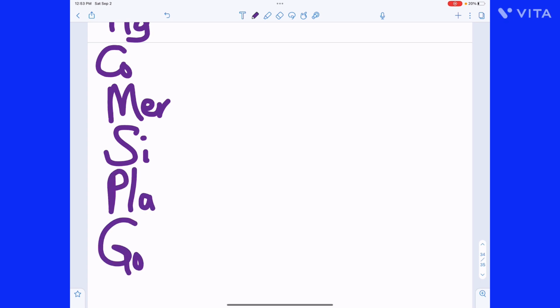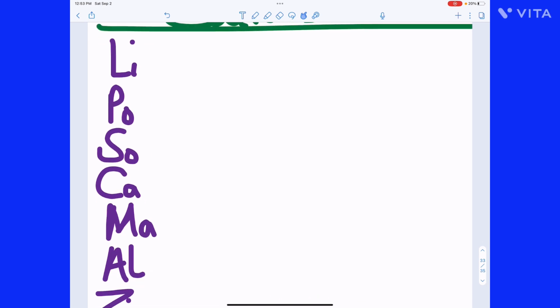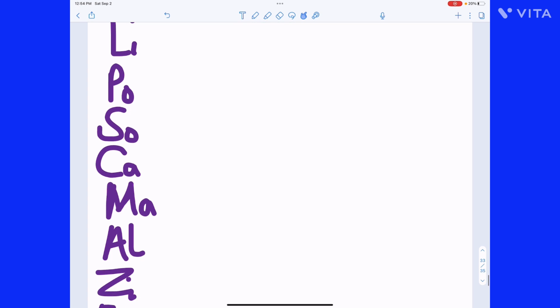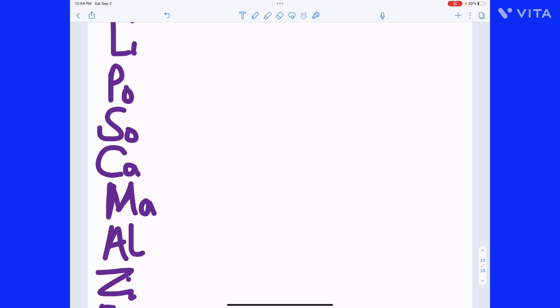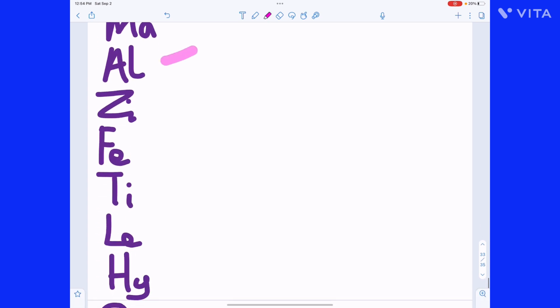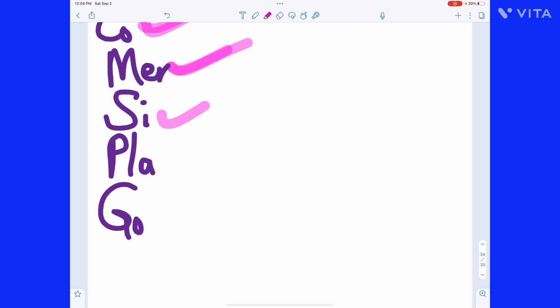That's the acronym, or abbreviations, we use for remembering the activity series so far. Let me read it again: Liposocama, R Z fertile Hyco, this is Co here. Then Messi Plago.